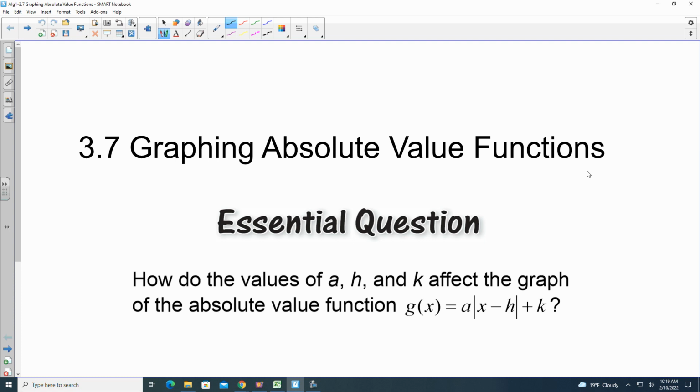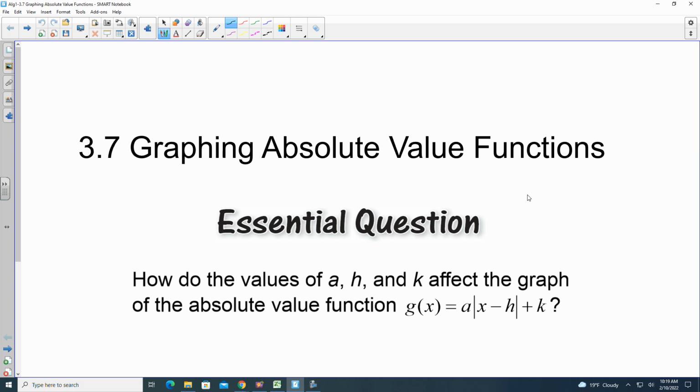And using the same methods to graph a linear function, we're going to attempt to do some of those things in order to graph an absolute value function.